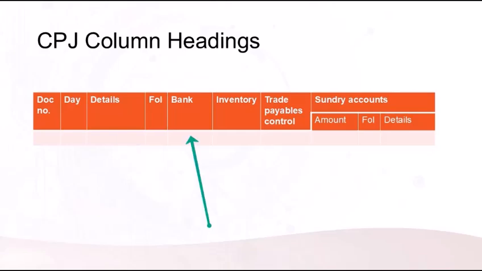The bank column shows the amount of money that was paid. We also have columns for frequent transactions, for example, inventory and trade payables control, also known as creditors. And finally, we use sundry accounts for transactions that do not take place frequently.